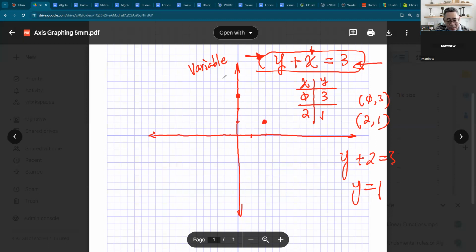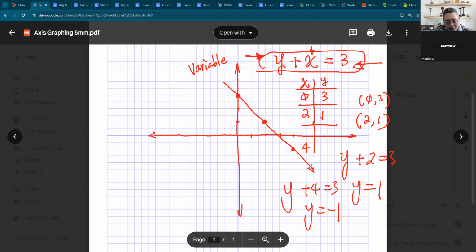And then if you find other points, like if x is 4, then y plus 4 equals 3, then y is -1. So 1, 2, 3, 4, and -1. You can see that if you find more points, all the points will make a line, and you draw a line like that.